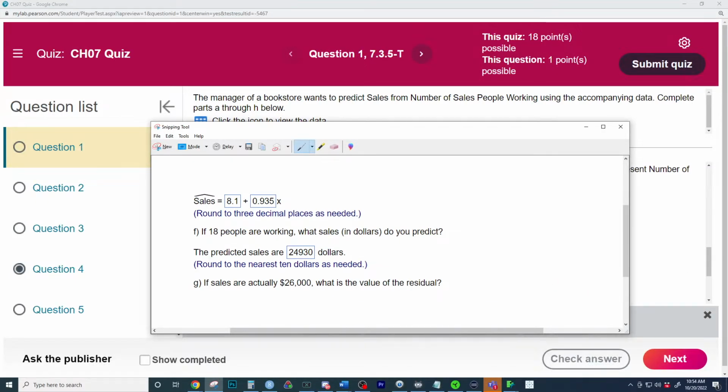That is the predicted. So when we look at this model, we predicted on the line. Here's where we predicted. But the actual is right there.